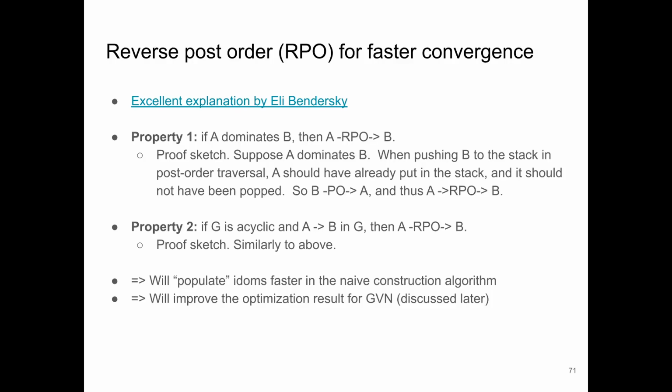It is called post order because you mark the node after its descendants are traversed. Reverse post order is basically the reverse of the post order traversal of a graph.